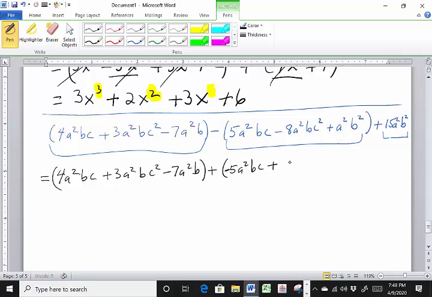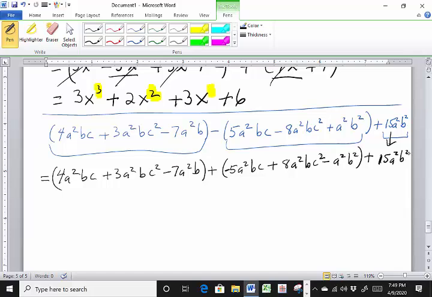Then a plus 8a squared bc squared, and then a minus a squared b squared, and then our last term, let's bring that down, 15a squared b squared.